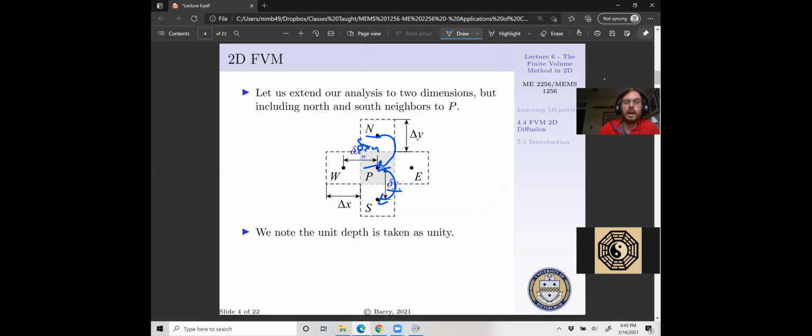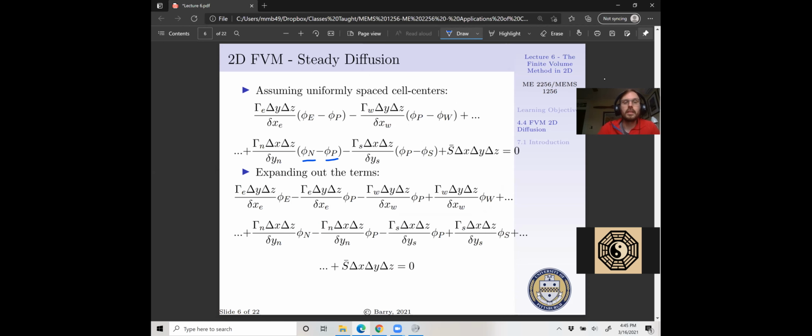So we'd have our delta y north corresponding to our backward difference between our north cell center and our center cell center values. Then we have a delta y south underneath phi p minus phi s. And once again, these are going to be multiplied by the respective diffusion coefficients at the interface.